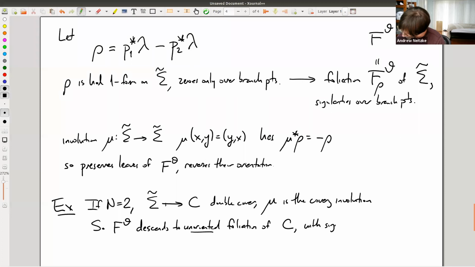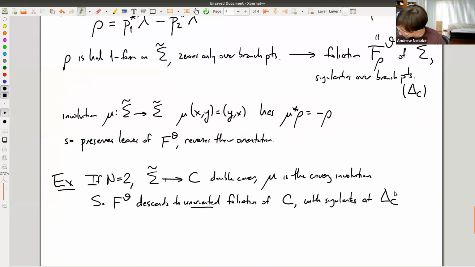So the singularities will be at the branch points. That's what I called delta C before. And remember, in the case of a quadratic differential, delta C is just the zeros of the quadratic differential.